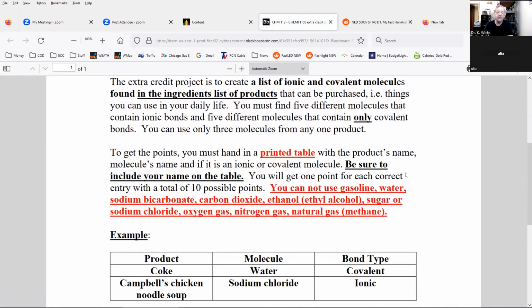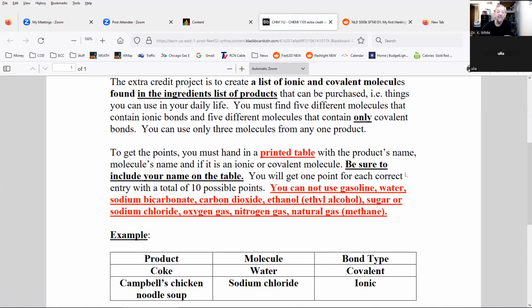It's to create a list of ionic and covalent molecules found in ingredients of products that can be purchased, i.e., by the way, that's Latin for that is, things you can use in your daily life.